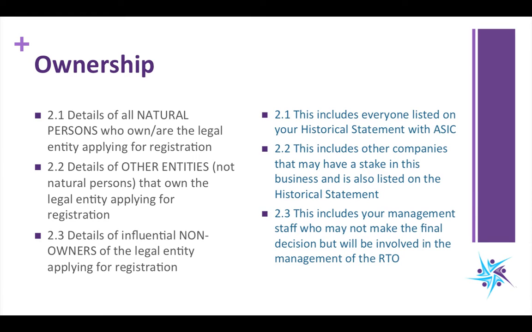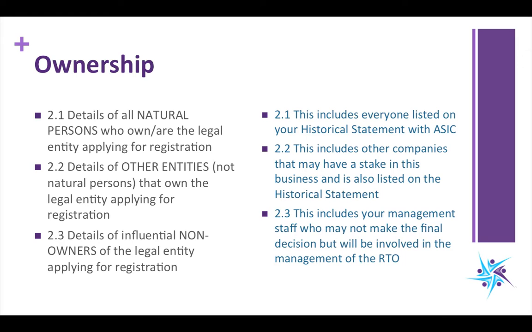Okay, so what does all this mean? Well, 2.1 is the details of your natural person. This includes everyone that is listed on your historical statement with ASIC. So you'll need to get your historical statement. We're going to need that to upload to ASQAnet as part of one of your forms. So you'll need to include everyone that is listed on your historical statement as a natural person.